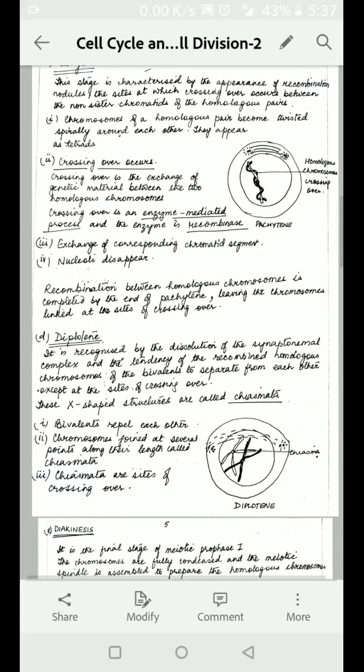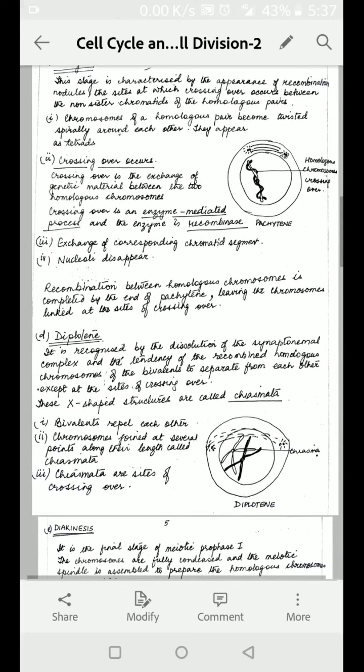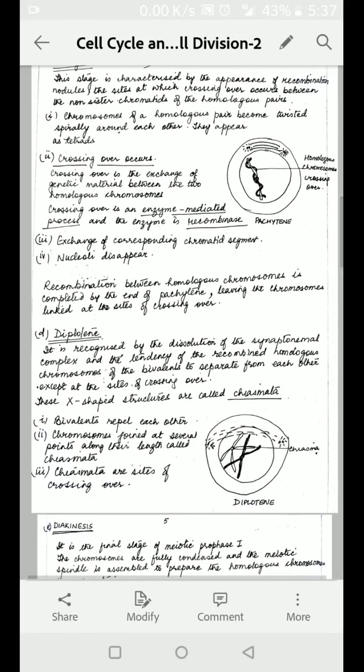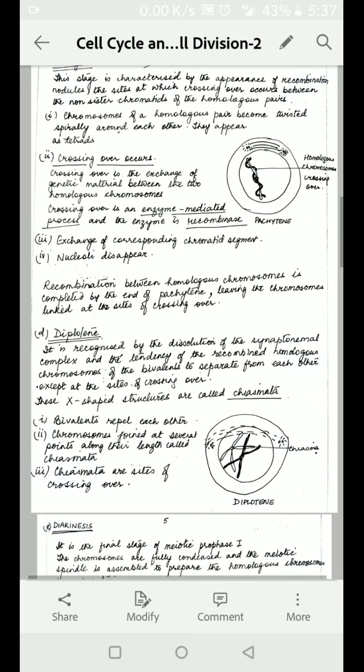Now, Diplotene is recognized by the dissolution of the synaptonemal complex, and the homologous chromosomes of the bivalents separate from each other except at the places where crossing over has occurred. The X-shaped structures are called chiasmata, and the bivalents will repel each other.